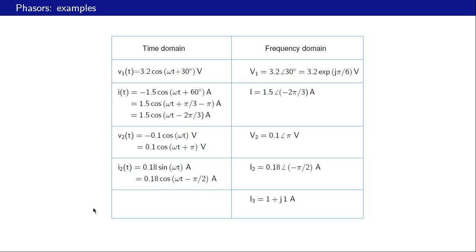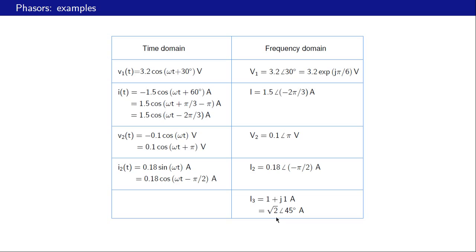Let us take an example of the reverse transformation now. The frequency domain description is given, phasor I3, that is 1 plus j1 in amperes. Now we want to convert that into the time domain form. Now this is in the rectangular form. We first convert that into the polar form like that.